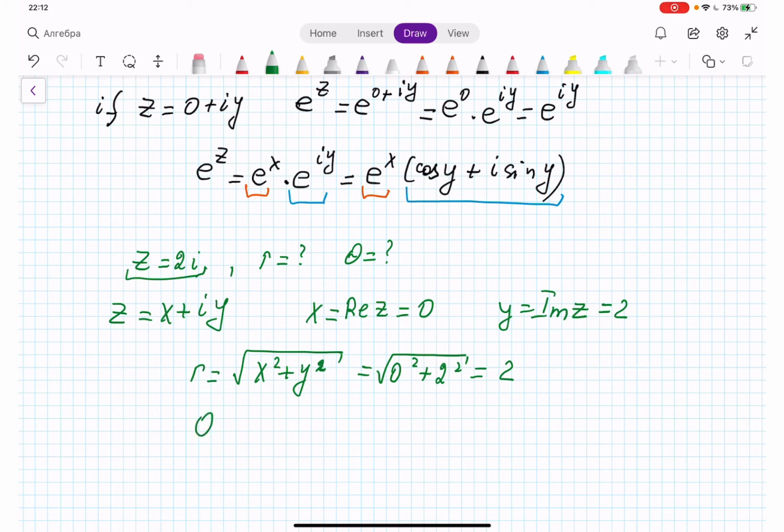Okay, theta we call the argument of z, complex number z, which is going to be equal to arc tangent y over x.